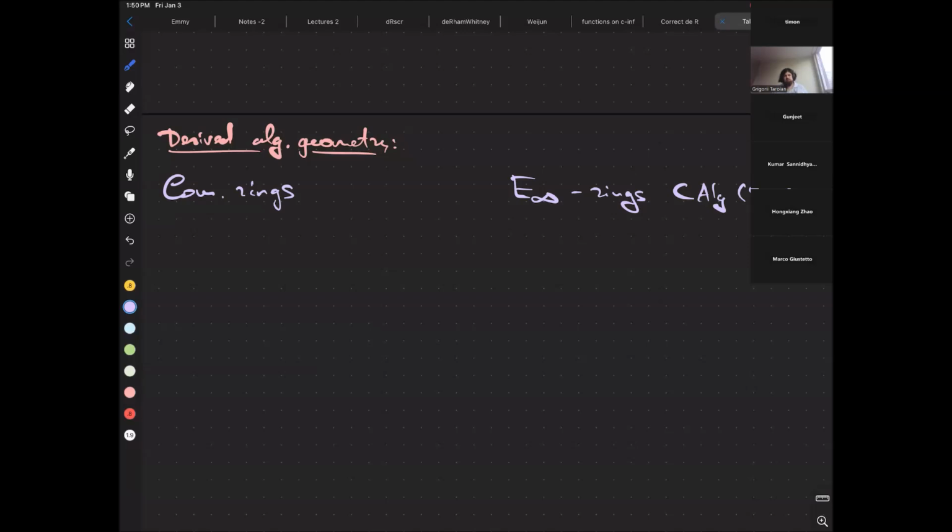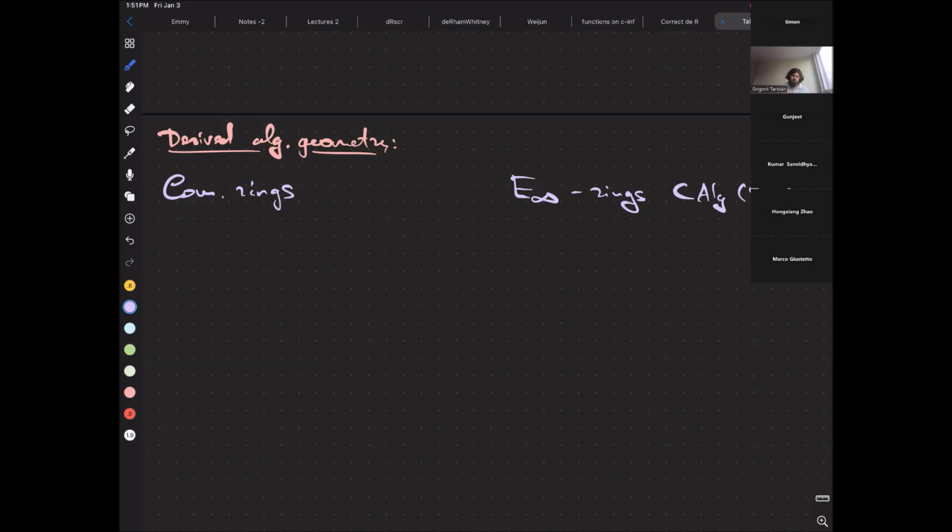And then in some sense, you can say, let's just consider affine schemes to be the formal duals of commutative rings in whatever sense we consider them. And if you want to build some sort of Grothendieck topology, you know how to do it on commutative rings. So let's just take pi naught of the E infinity rings, you get a commutative ring, and then you can define the Grothendieck topology from a Grothendieck topology on the usual commutative rings.